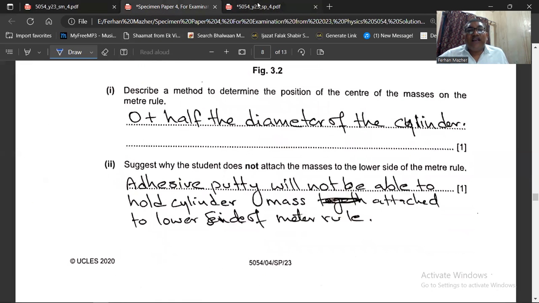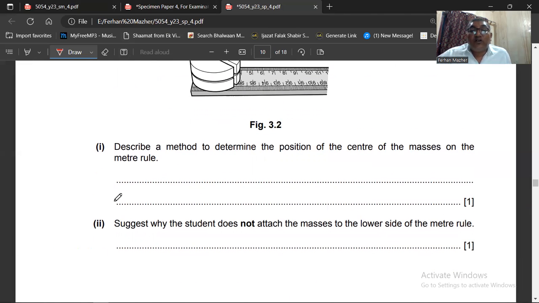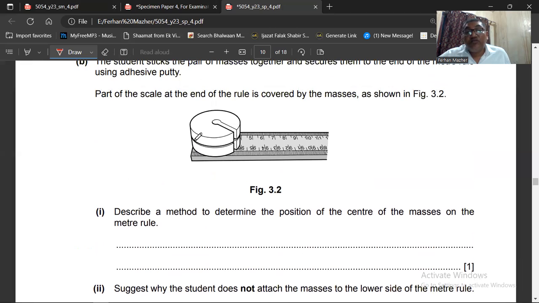And then it says suggest why student does not attach the masses to the lower side of the meter rule. If you put this at the lower side of the meter rule and you use the adhesive putty, that will not be able to hold the mass attached at the bottom side of that meter rule, and the masses will fall on the ground.